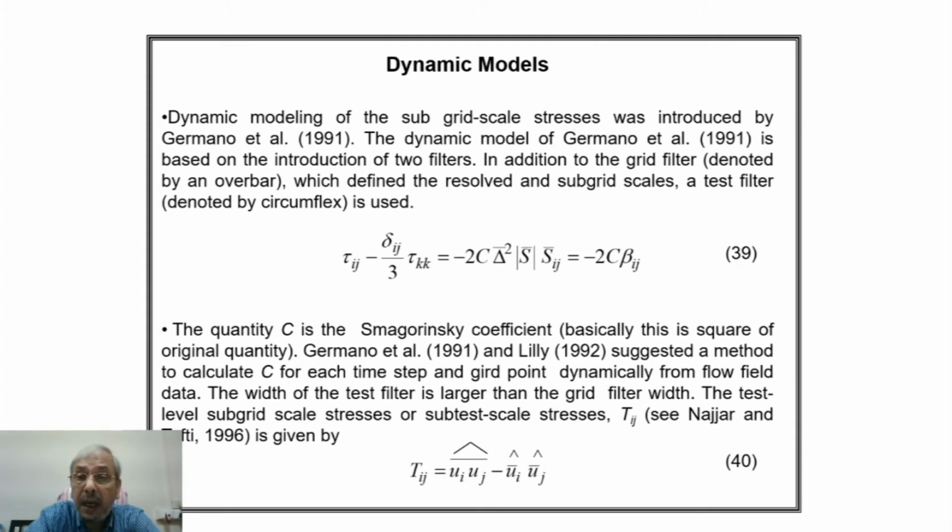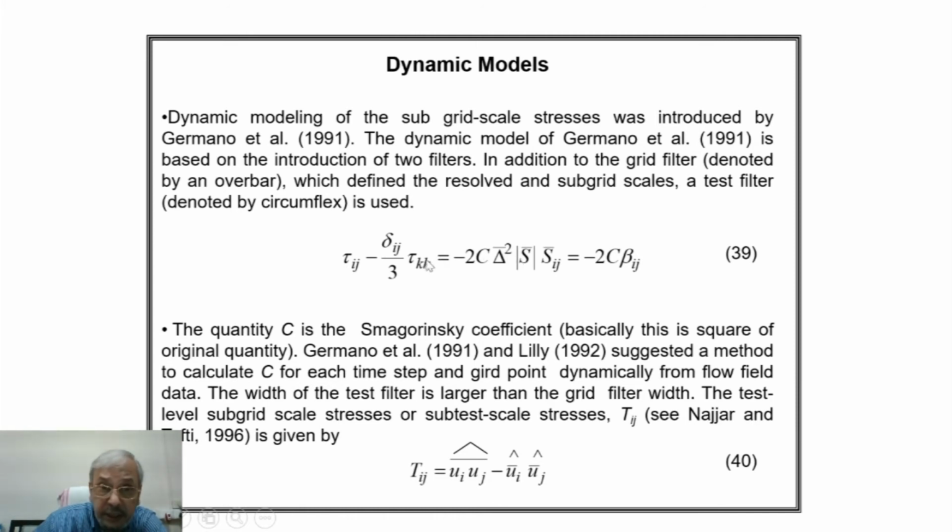In addition to the grid filter, which we have already identified by an overbar, which defines the resolved and the subgrid scale, we introduce a test filter, and how the test filter behaves we'll describe later.